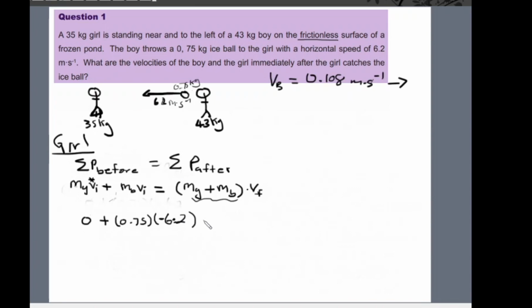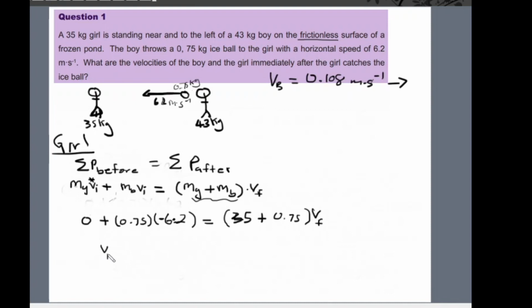And then after they collide, the mass of the girl is 35 plus the mass of the ball is still 0.75, right? And then the final velocity of the girl and the ball is this one, which is what we want to calculate.